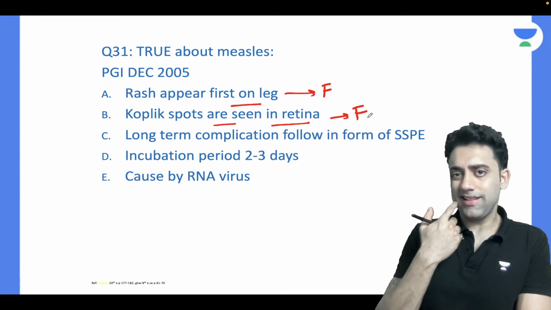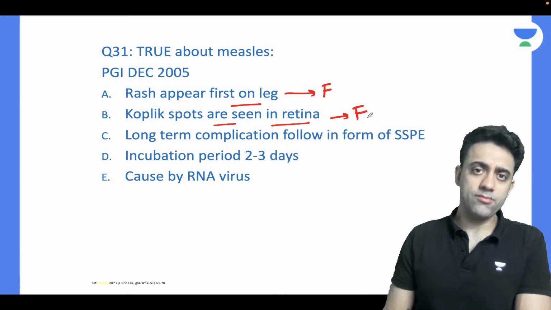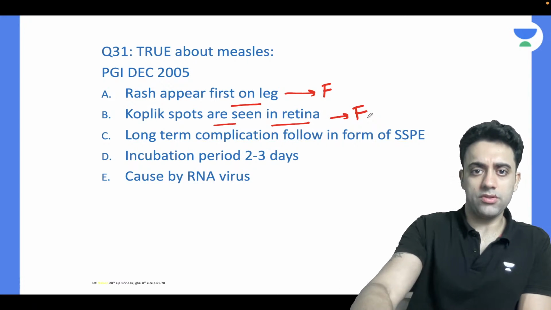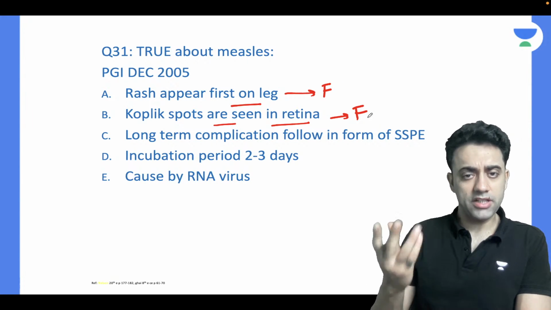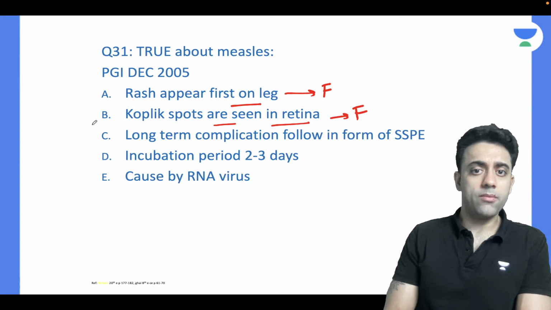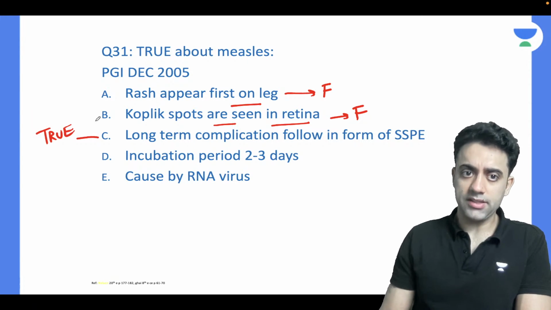Koplik spots are seen on the inner aspect of the cheek in front of the first and second molar. They can also be seen in the vaginal mucosa and even the conjunctiva, but not in the retina. Long-term complications follow in the form of subacute sclerosing panencephalitis. That's very well true about measles.